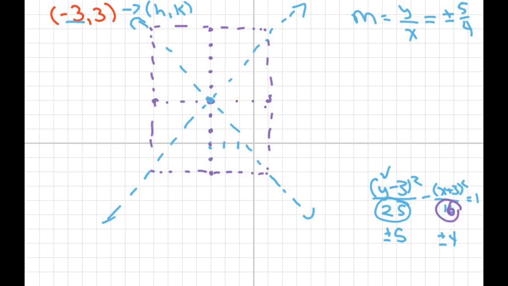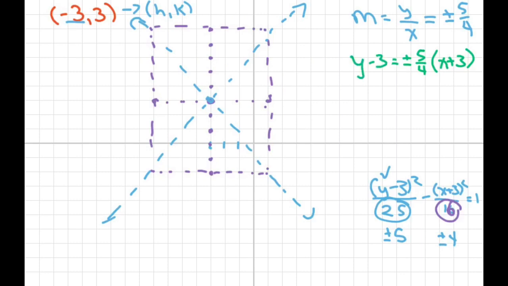And to get your asymptote line, you just merely copy down your center here. So you're going to do y minus 3 equals plus or minus 5/4, and then you do your x, x plus 3. That's your point slope form. Usually they don't put the parentheses on this, so I'll just put y minus 3.